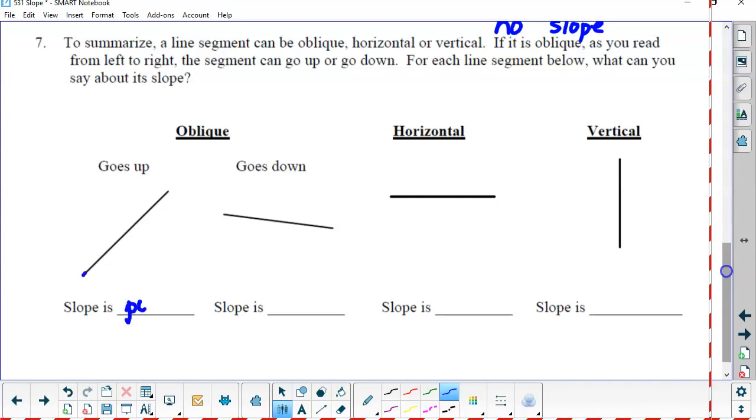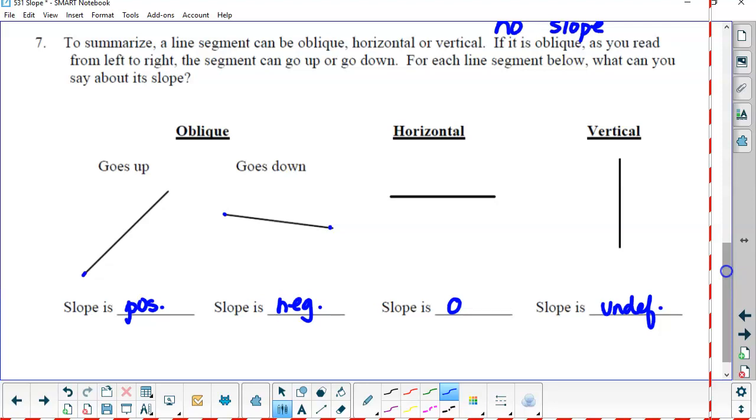So that's a positive slope. From left to right, it's going down. So that's a negative. Here, it's not changing at all. So that's 0. And here, it's a vertical. So that's undefined. Okay, so that's kind of your summary of all the types of lines.